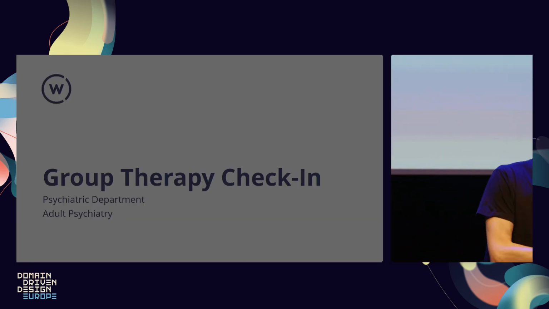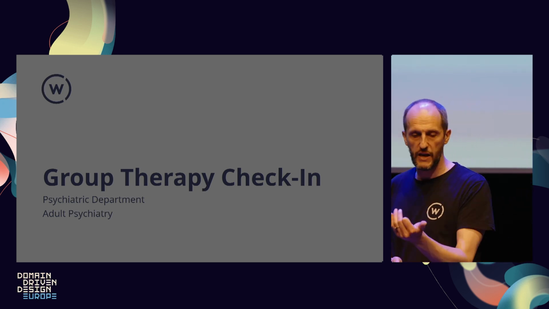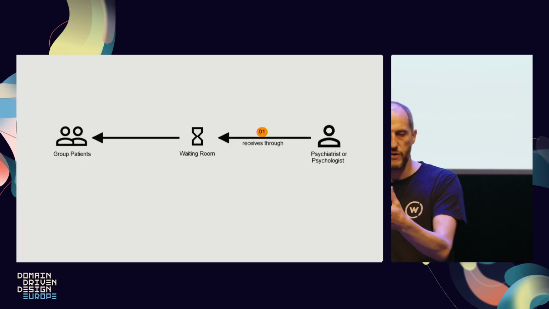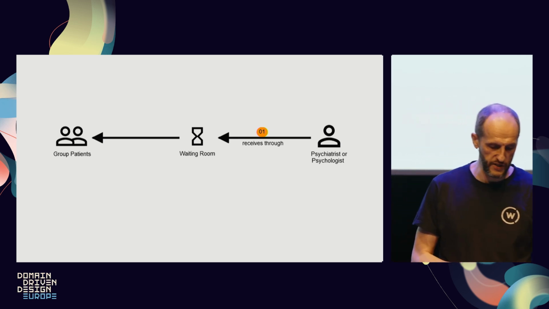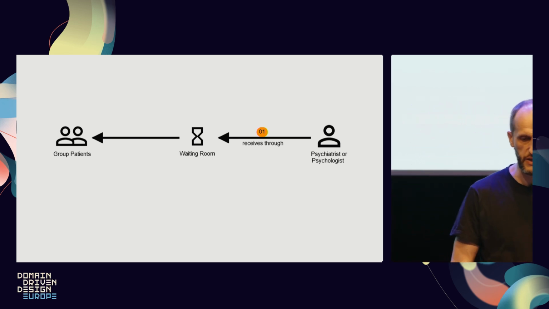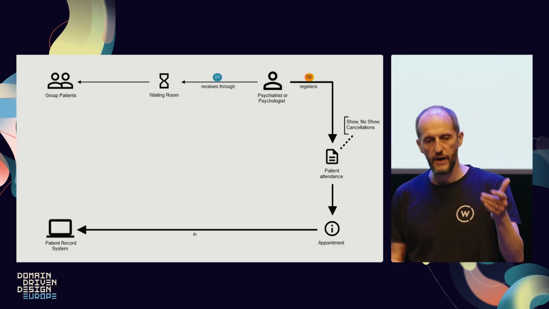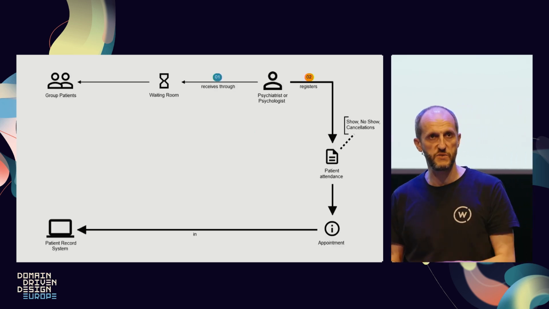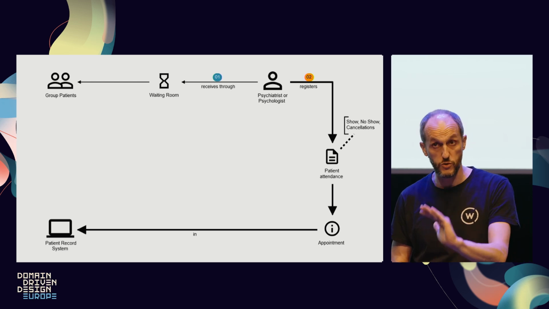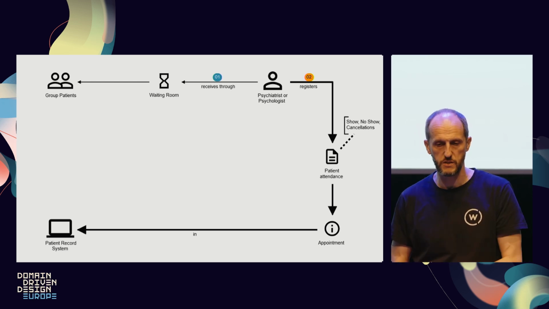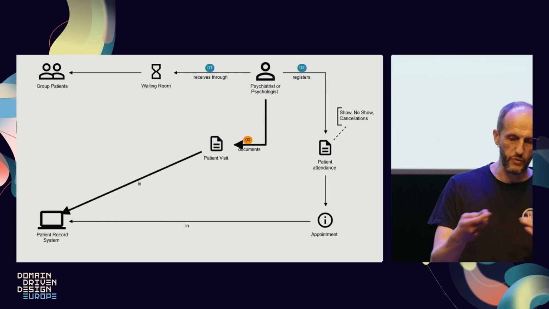So the planning process and the check-in process. So what to do for each appointment. Okay, for our case in psychiatry, the psychiatrist receives the patient without anybody helping out. And the psychiatrist himself or herself registers the attendance, who has shown, no-shows, cancellations. The medical secretary will review that.